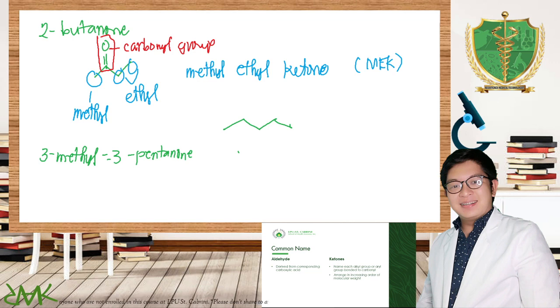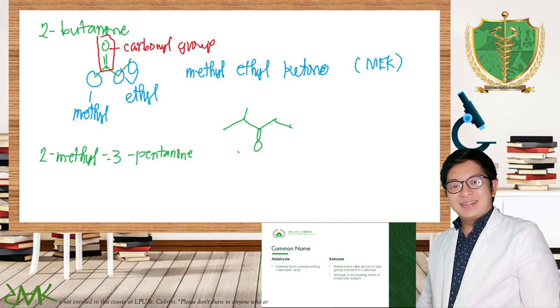This should be 2-methyl. So 1, 2, 3, double bond, and we have here our methyl group.